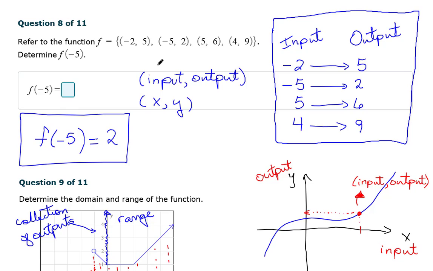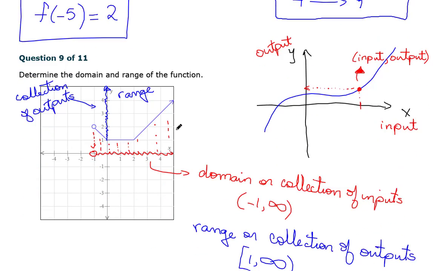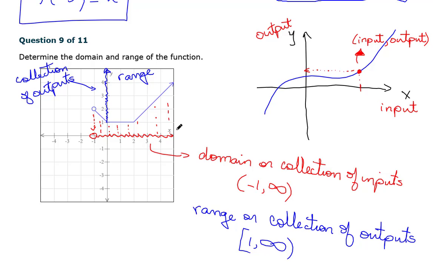Alright, question 9. They're going to give us a graph. And many students have problems understanding what the graph is telling them. So before we look at the complicated one there, let's look over here. I have my x and y axes. The blue line is my function.